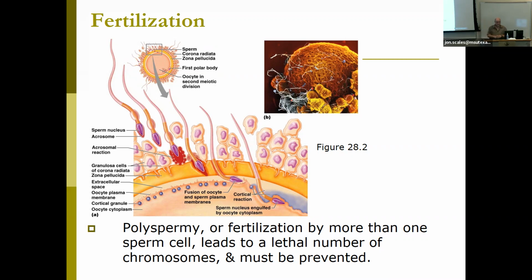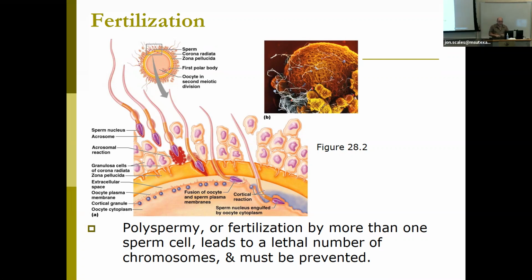So you have to prevent multiple sperm from fertilizing the egg. If more than one sperm does fuse with the egg, you would have a whole extra set of chromosomes, making what we would call a triploid, tetraploid, or pentaploid situation, depending on how many sperm bound. So the egg needs to prevent that from happening.